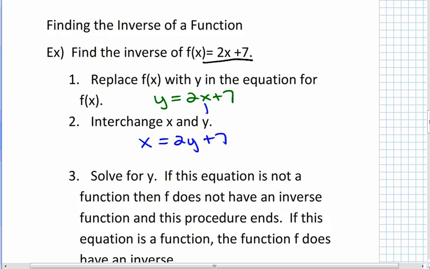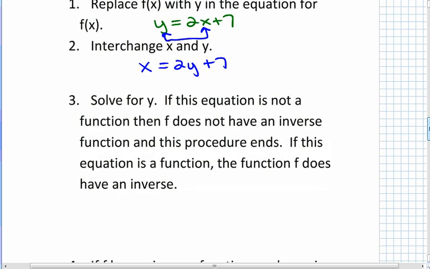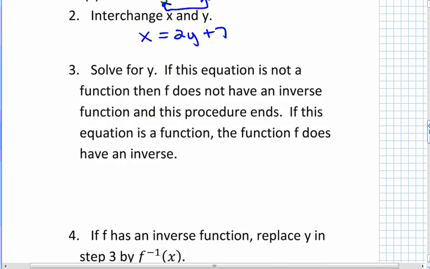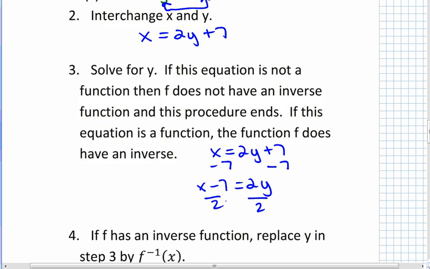So basically I just switched the x and y. Then I'm going to solve for y. So I'm going to take this equation and now solve for y. So I'm going to subtract 7, and then I'm going to divide by 2. So notice I get x minus 7 over 2 equals y.